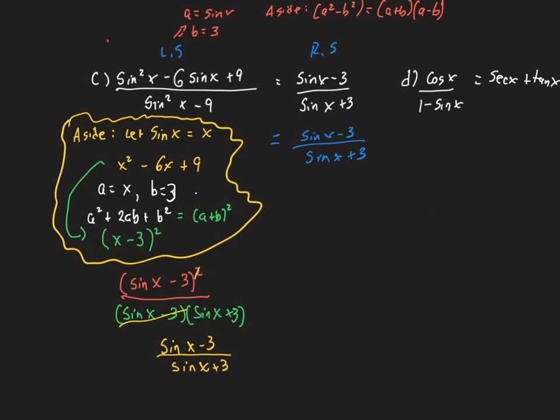That's all I can do here. Can I compare these now? Let's see. I've got sine x minus 3, sine x minus 3, check. Sine x plus 3, sine x plus 3, check. Man, I'm good. I can say now with complete confidence, left side is equal to right side. So this is true. And we are proved.